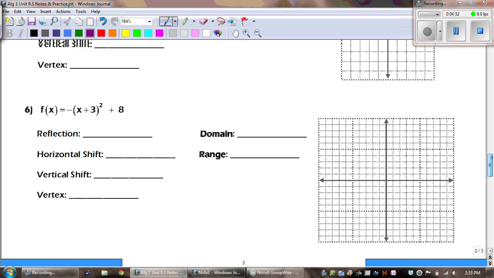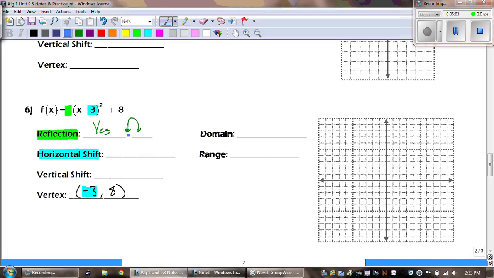All right, I'm going to do number 6, and then I want you guys to try number 5. Okay, so first thing we got to do is the vertex. We take the opposite of 3, which is -3, and then 8. So is there a reflection? Yes. Okay, so our graph is going to be going down. Horizontal shift, those are the numbers that we're looking at.